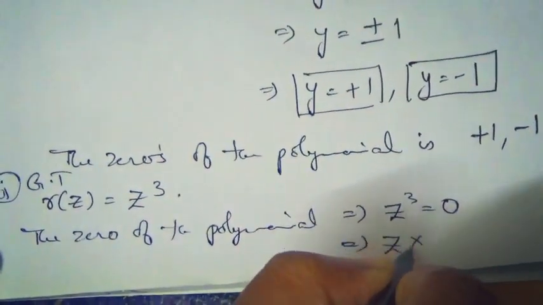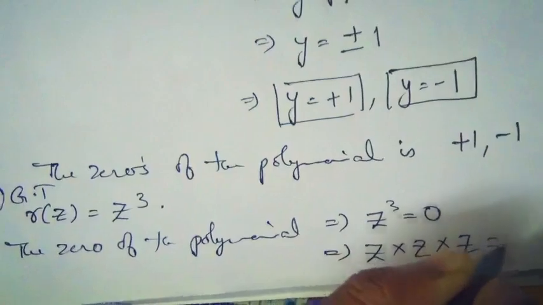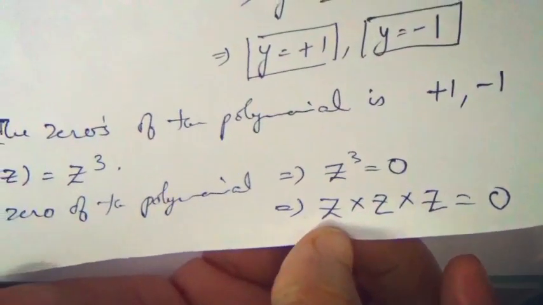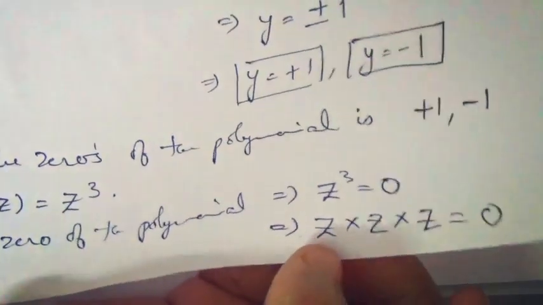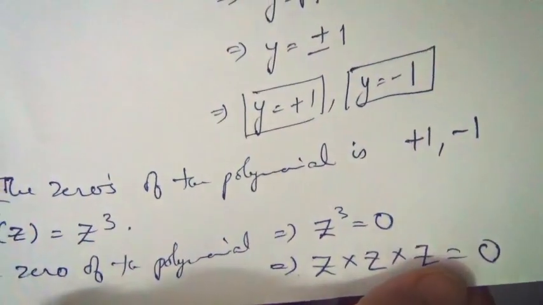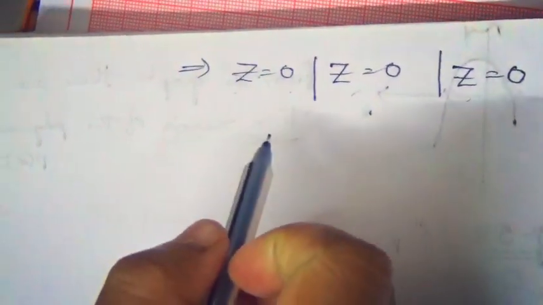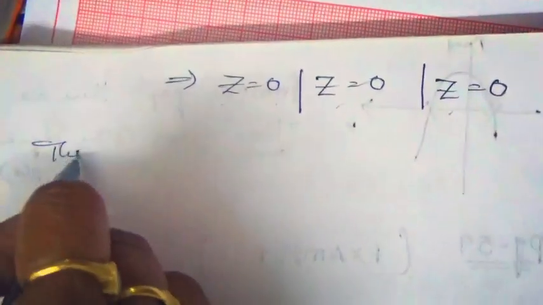Then z into z into z is equal to 0, right? So we have 3 z's here, and we equate this with 0. Then you will get z is equal to 0, z is equal to 0, z is equal to 0. How many zeros will you get? 3.